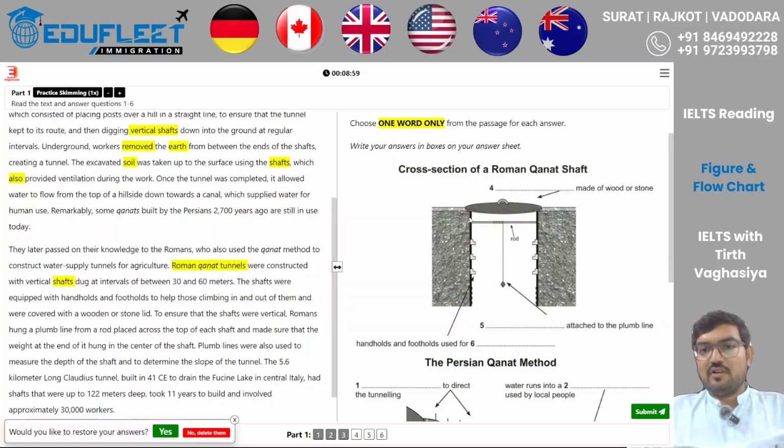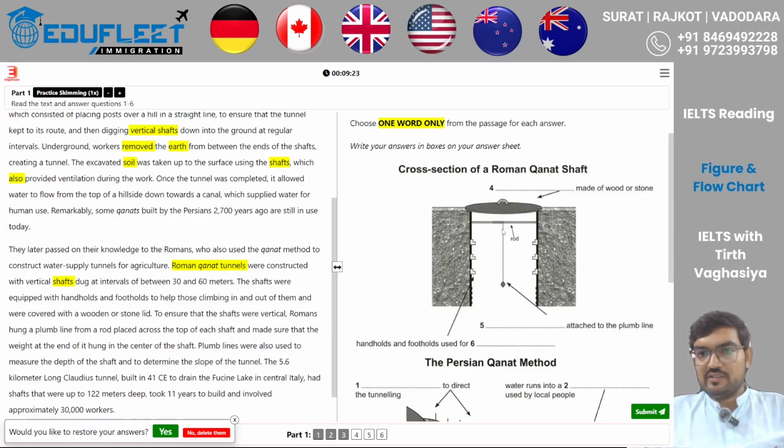Then on the top of this shaft, there is one item. Looking at the handle, it looks like some lid or something, right? So this is made of wood or stone. Okay, this item is made of wood or stone. So wooden or made out of stone. So that is the description of this item.